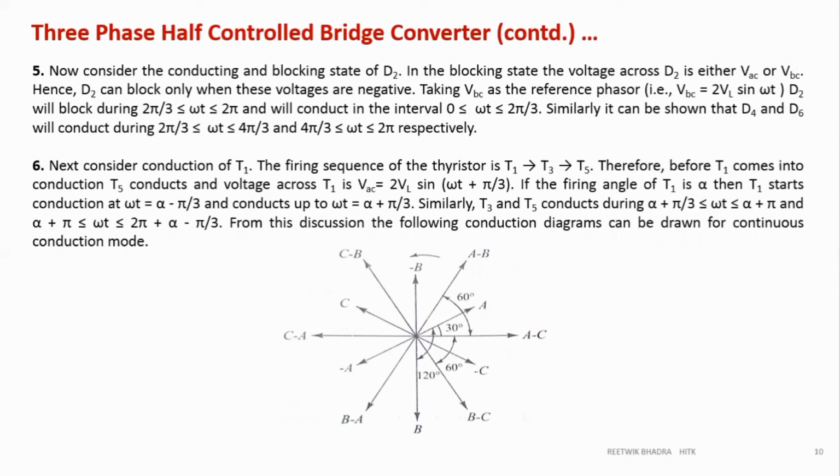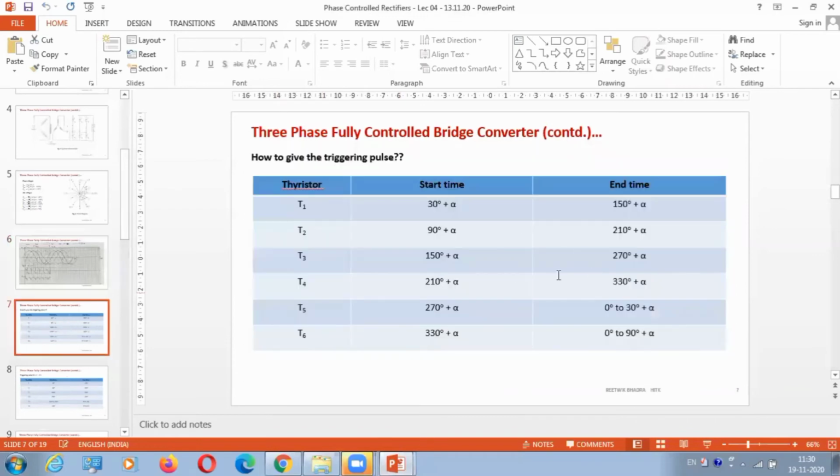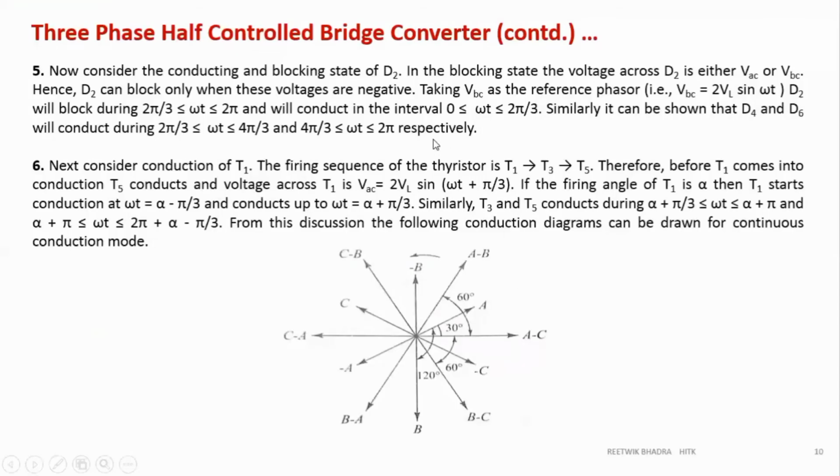Previously, if you look at the table of triggering pulses, we had all 6 as thyristors, T1 to T6, and all had the influence of the alpha firing angle. But over here, since we are using diodes, for D1, D2, D4, D6 we'll have fixed values.